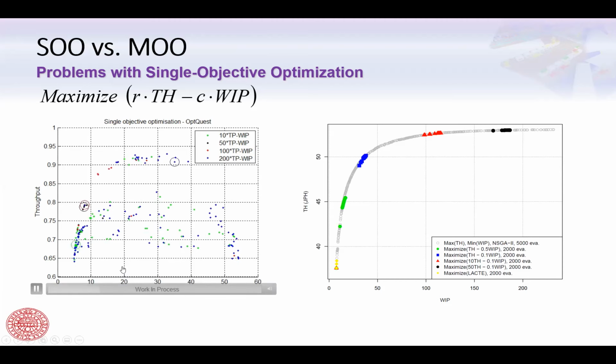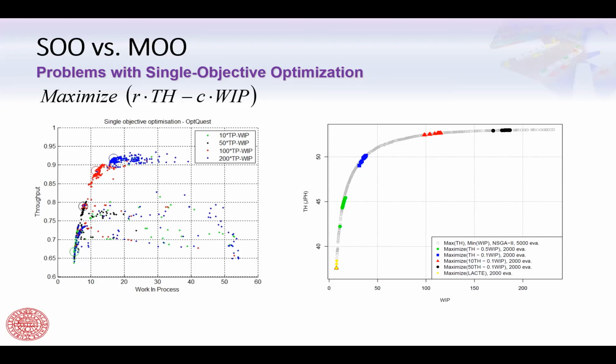When we run the optimization, each of them will, based on the weights, try to find a different location in the search space. But you can see here, when the optimization starts to mature, what we call converge, the circles will not change that much, because when the optimization starts to locate the solutions based on the objective and the weight combination, it will mainly focus on a certain region.